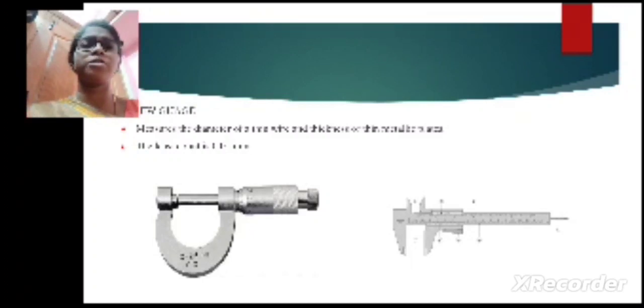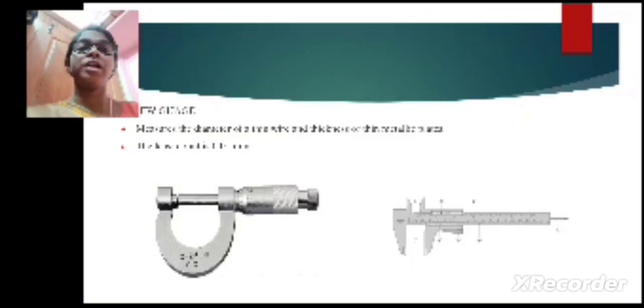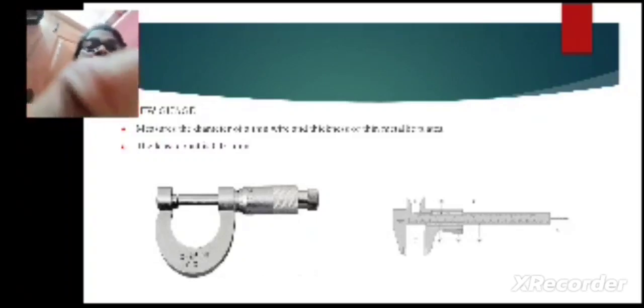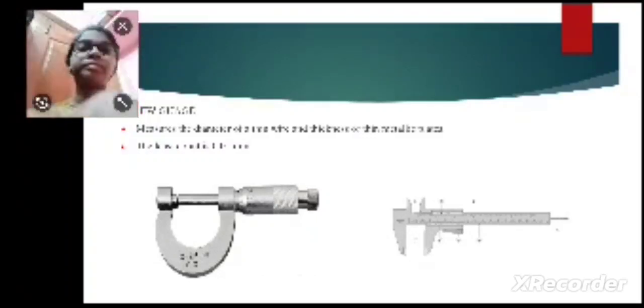Then the screw gauge. These are the pictures of the vernier scale and screw gauge. The screw gauge is used to measure the diameter or thickness of a coin, or the thickness of a string, wire or hair. So the screw gauge is used to measure the diameter of a thin wire and the thickness of thin metallic plates.